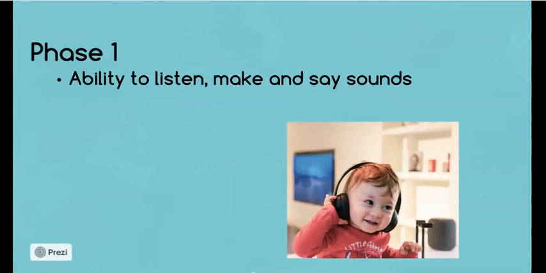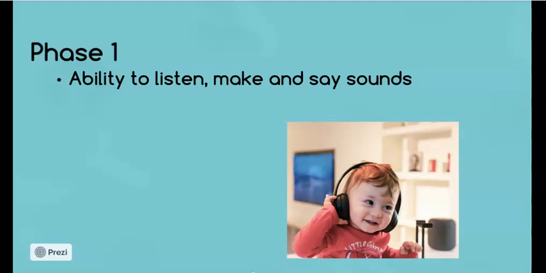Okay, moving on from here, we're going to think about the phases of phonics. So phase 1 starts when that baby is growing inside your tummy and they are listening to sounds through the womb. So it's really important from even that age to start talking and making sounds that your baby can hear.